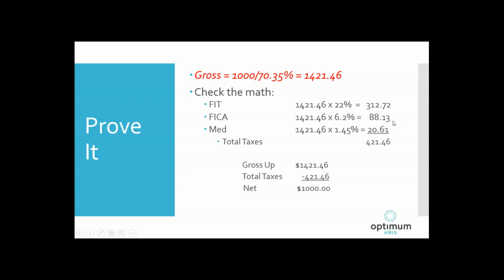FICA at 6.2% is $88.13, and Medicare at 1.45% is $20.61. Gives us total taxes of $421.46. Here's our gross up amount minus our taxes. Our net is $1,000.